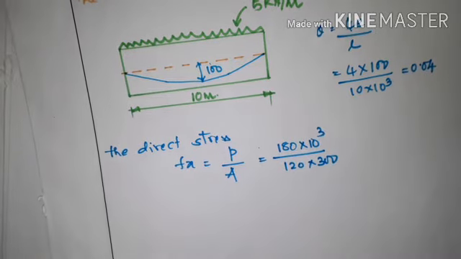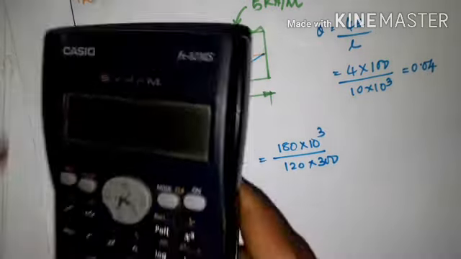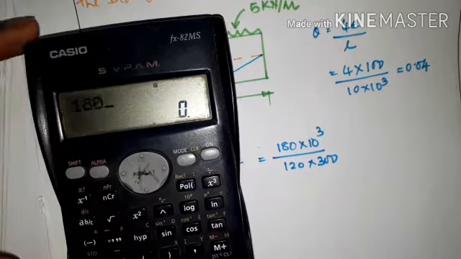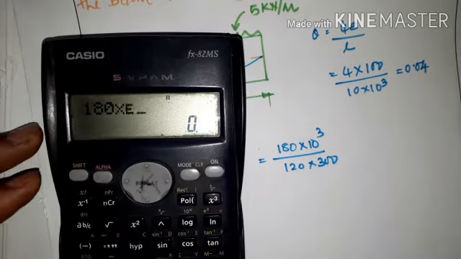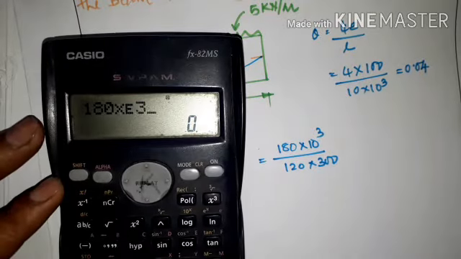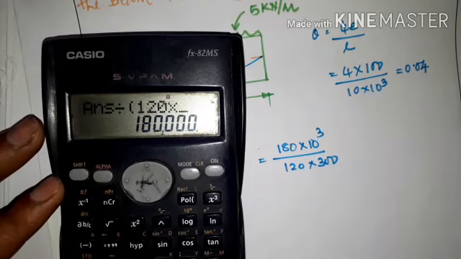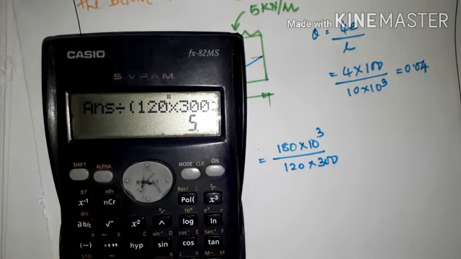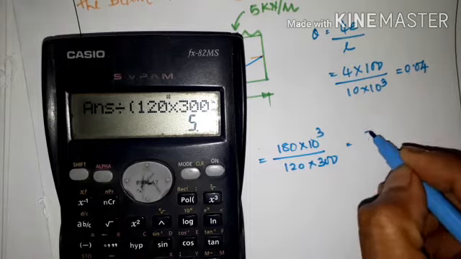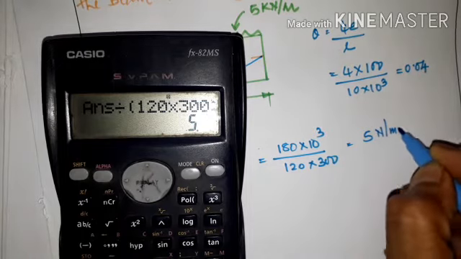So we get this as 5 Newton per mm square.